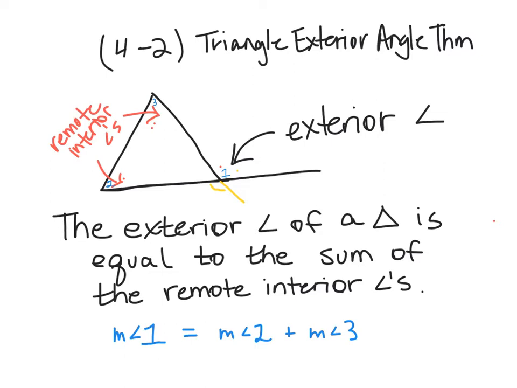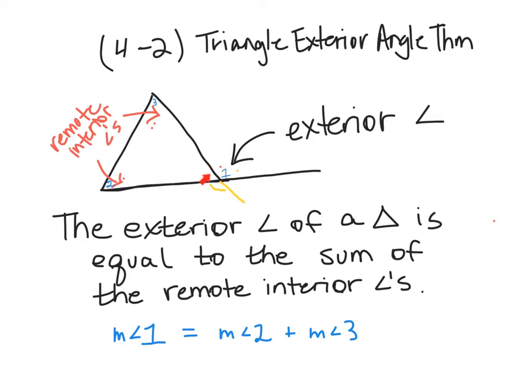Okay, so the theorem says the exterior angle of a triangle is equal to the sum of the remote interior angles. So there are 3 interior angles. The one right next to it is the adjacent angle. And then these 2 are far away, like remote, like use the remote to turn the TV on.